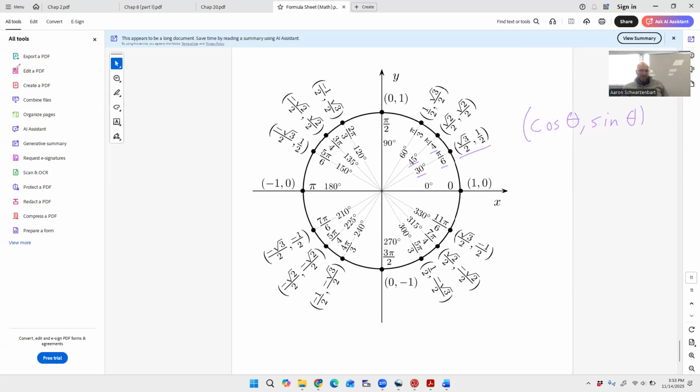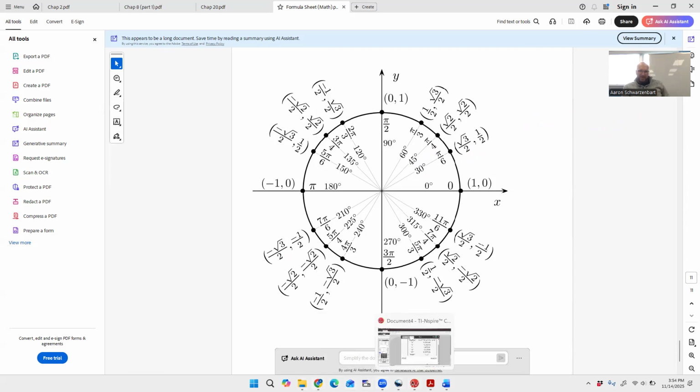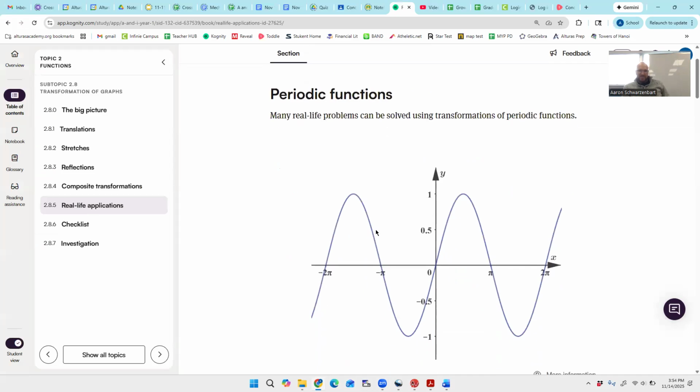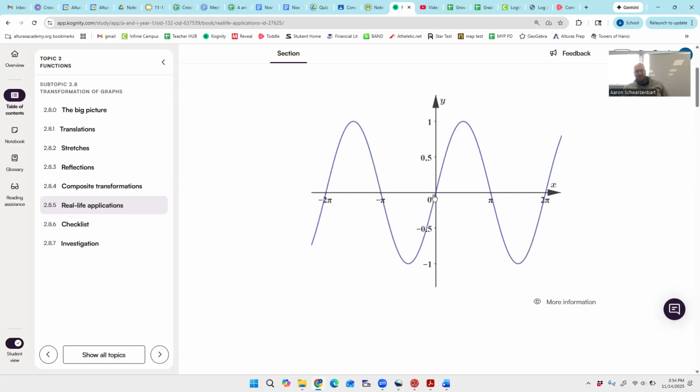So now finally we're going to go to the graphing of sinusoids. So periodic functions are functions that repeat, like the sine wave shown on the screen. Every 2 pi, it repeats.